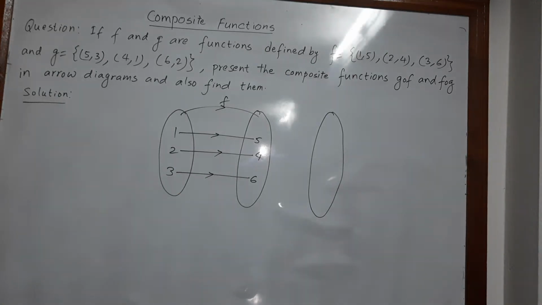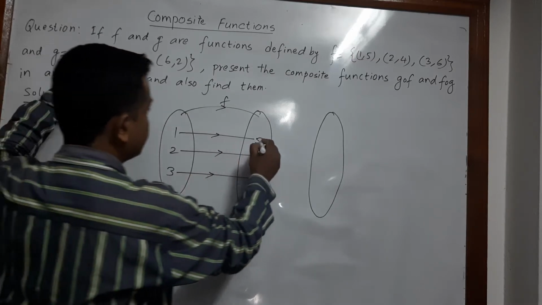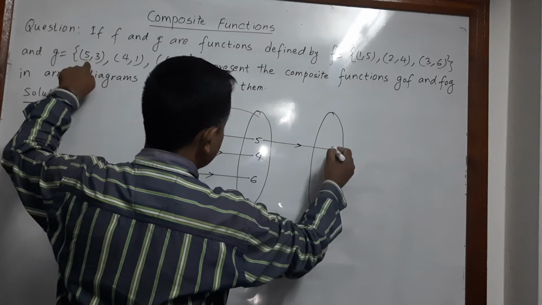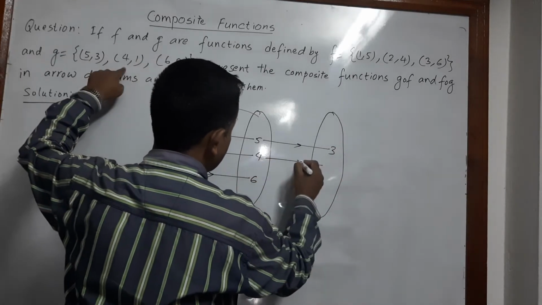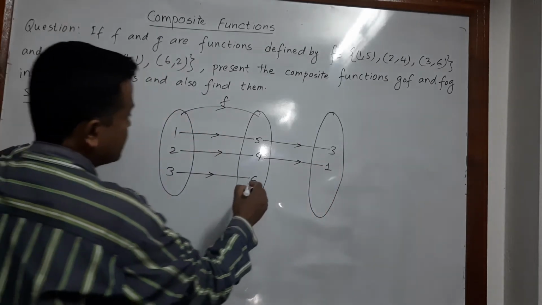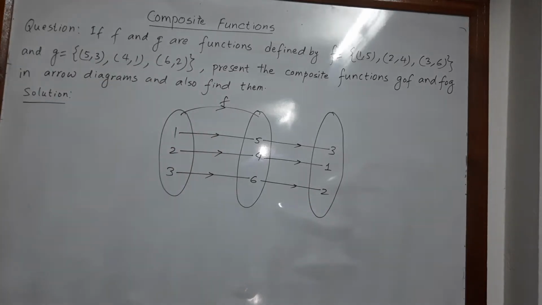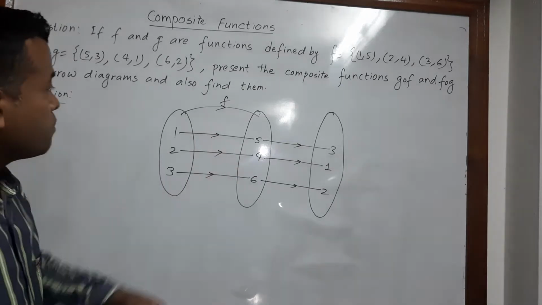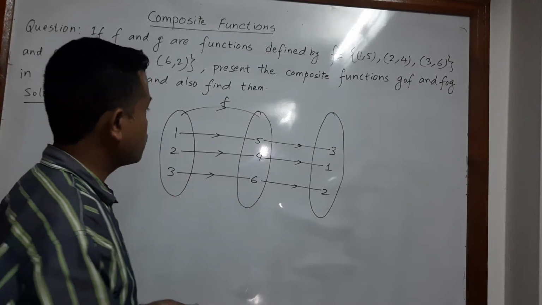And similarly under this function g, 5 has image 3, 4 has image 1, and 6 has image 2. In this way, the image of 1 under this composite function is 3, the image of 2 under this composite function is 1, and the image of 3 under this composite function is 2.